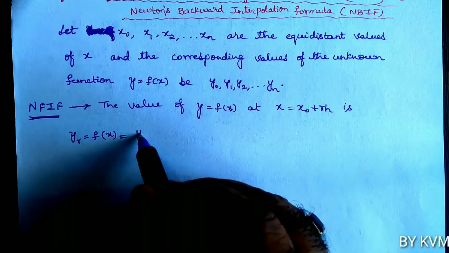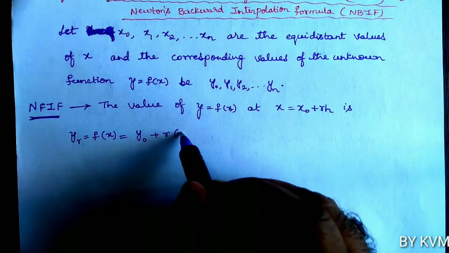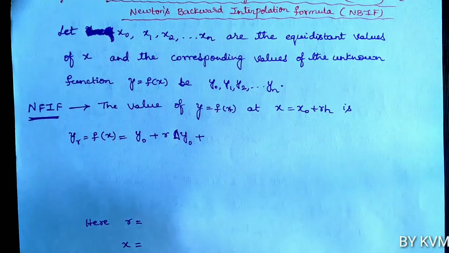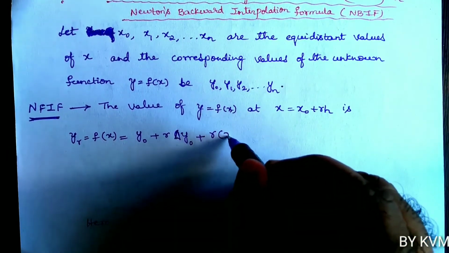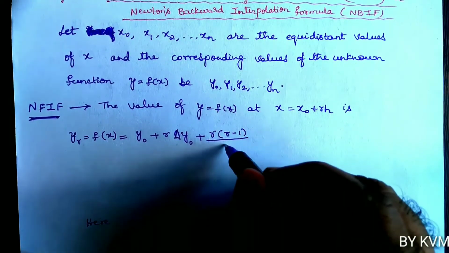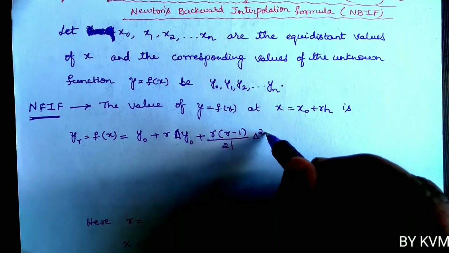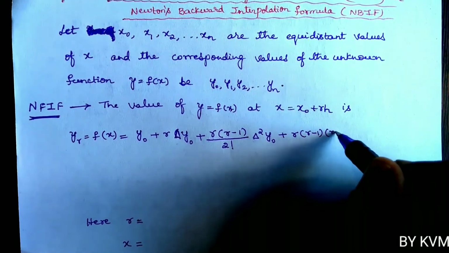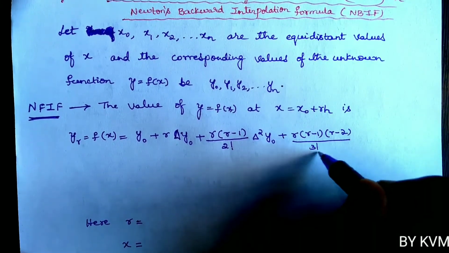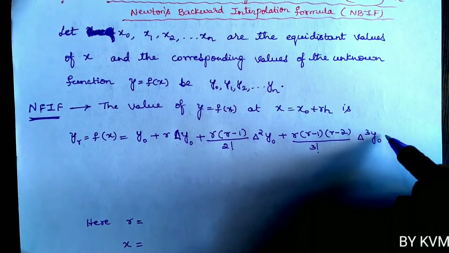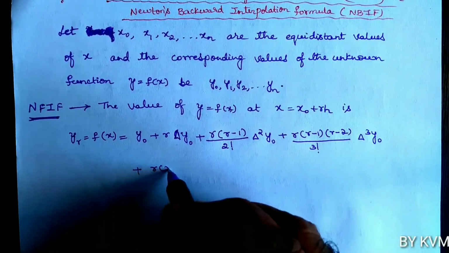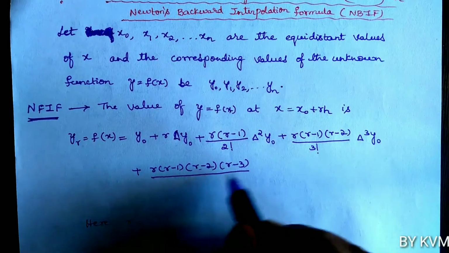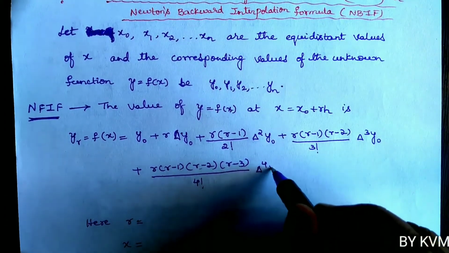So first term is y0 plus r into delta y0, plus r into r minus 1 by 2 factorial into delta square y0 plus r into r minus 1 into r minus 2 by 3 factorial delta cube y0 plus r into r minus 1 into r minus 2 into r minus 3 by 4 factorial delta power 4 y0 and so on.